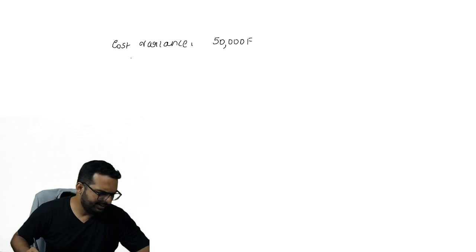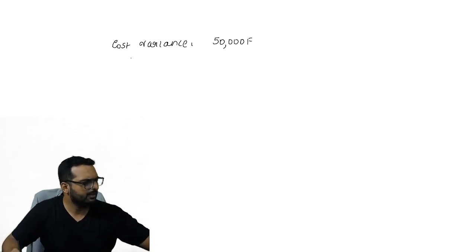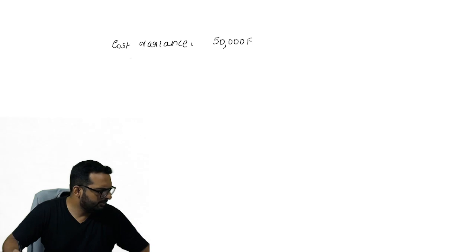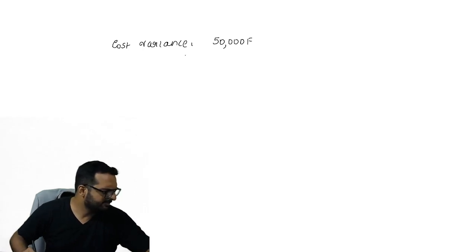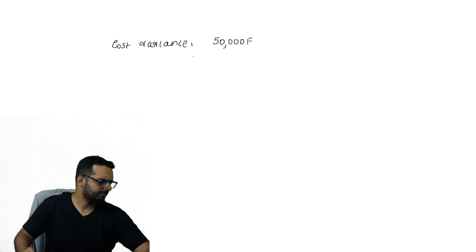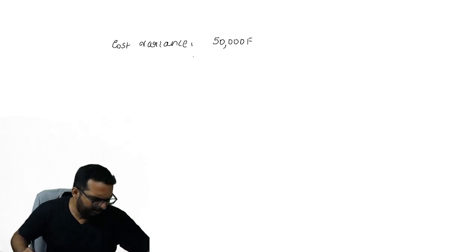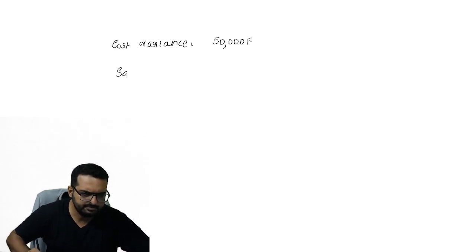What about the sales variance? $75,000. Sales is 75,000, is it? Tell me the sale price variance and the sale volume variance.